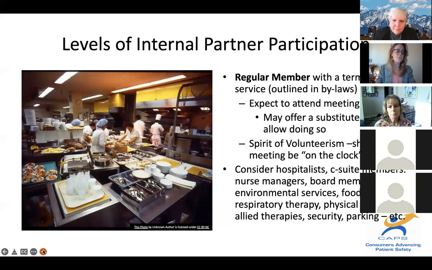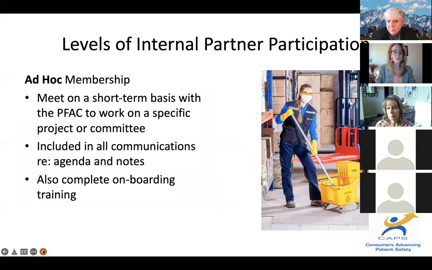Also, earlier I mentioned making sure that you have a diverse PFAC with internal partners from all levels. That includes C-suite members. So chiefs, your chief executive officer, have them come present if you can, or even better yet, include them on your PFAC, maybe the chief medical director. We have a chief quality and safety officer that serves.